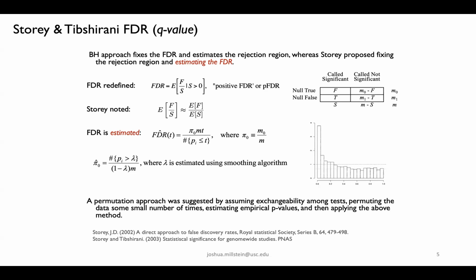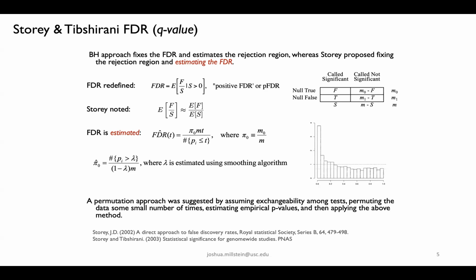Essentially they turned things around and said, let's just estimate FDR conditional on S being greater than 0, so conditional on having discoveries.